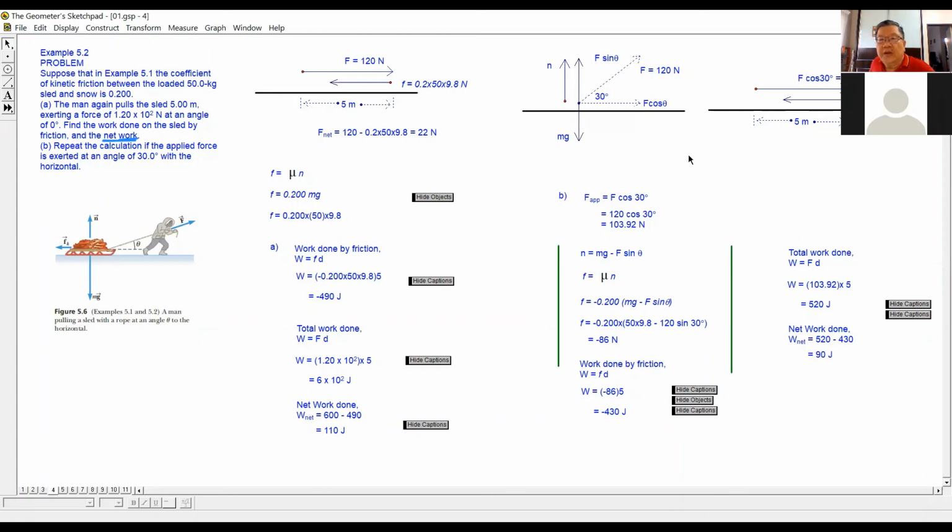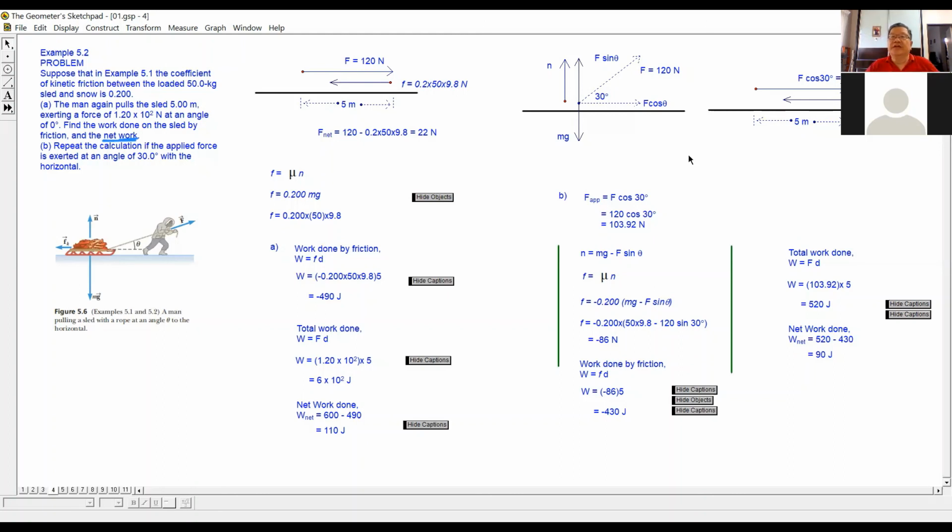This results in two significant consequences of this applied force acting at an angle. The first one is the force that is actually doing work becomes less. The second is the normal reaction is also reduced.